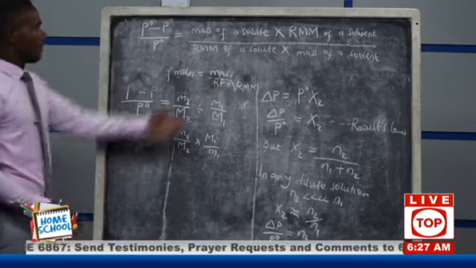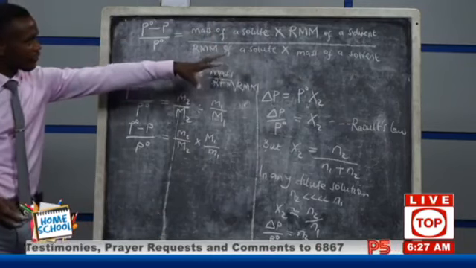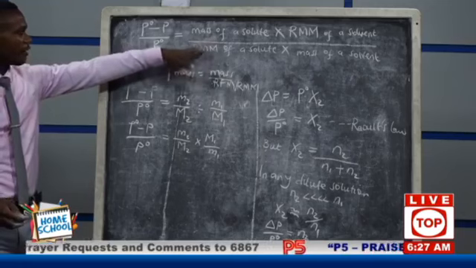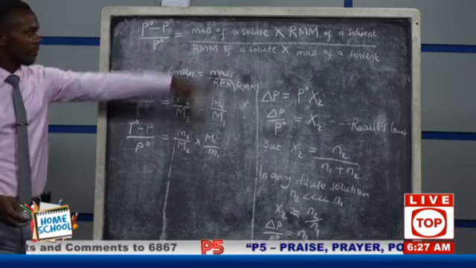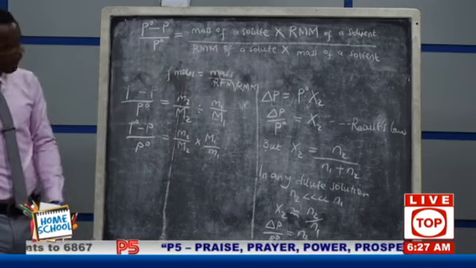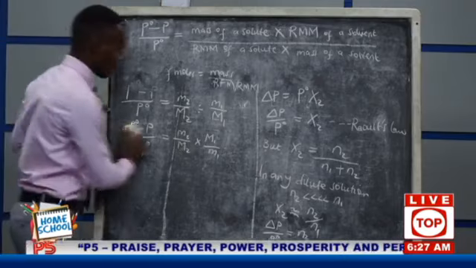Okay? Mass of a solute times relative molecular mass of a solvent divided by relative molecular mass of a solute times mass of a solvent. That's what we have been looking for. I've got it.